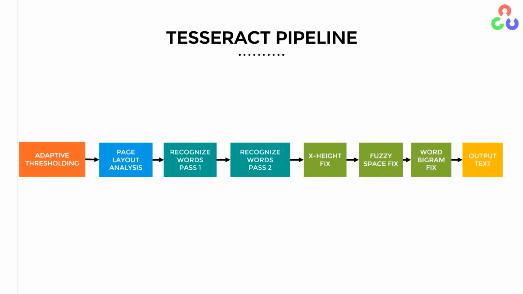So here's what the pipeline looks like. When you get a document, the first thing is adaptive thresholding. And we'll see an example in just a bit what this looks like. The goal is to convert the grayscale image to a binary image where the font is dark and the background is white.